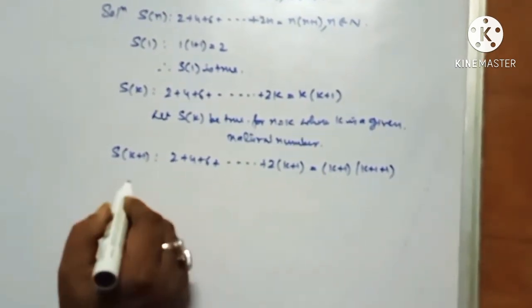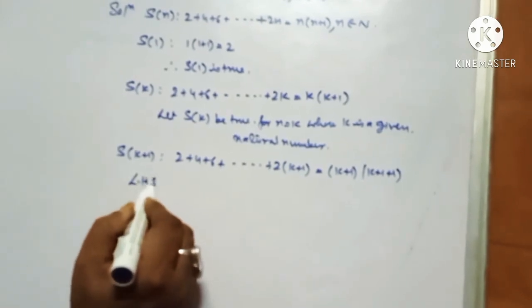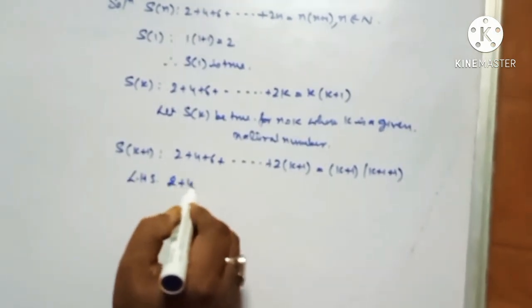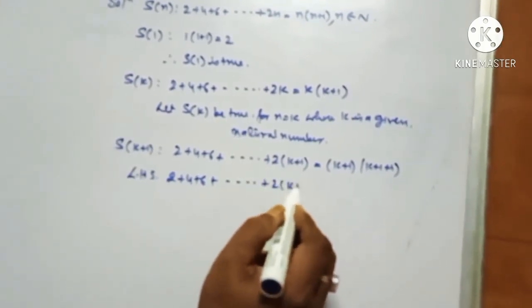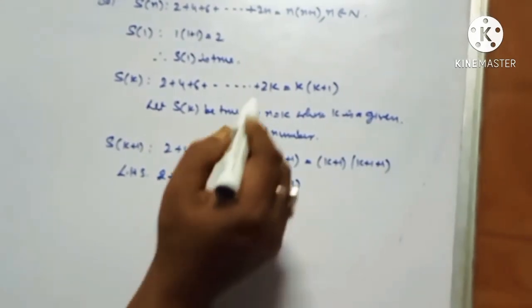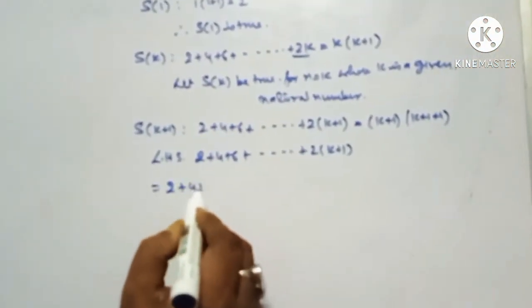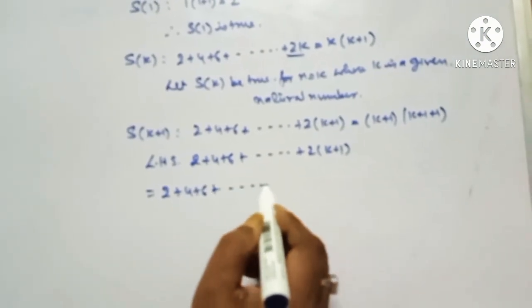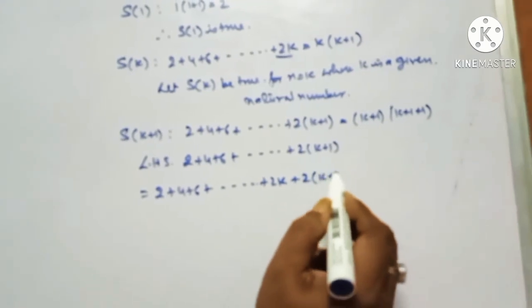So now again I am going to move from the left hand side, that is 2 plus 4 plus 6 plus dot dot dot to 2 into k plus 1. The preceding term of this is 2k. So this will be 2 plus 4 plus 6 plus dot dot dot plus 2k plus 2k plus 2.